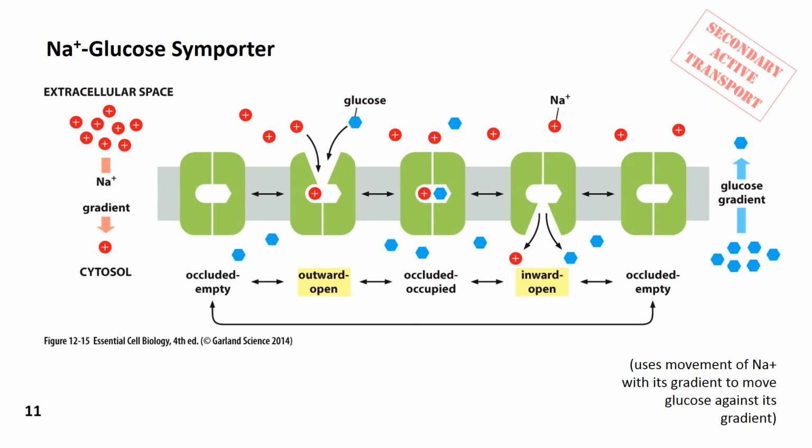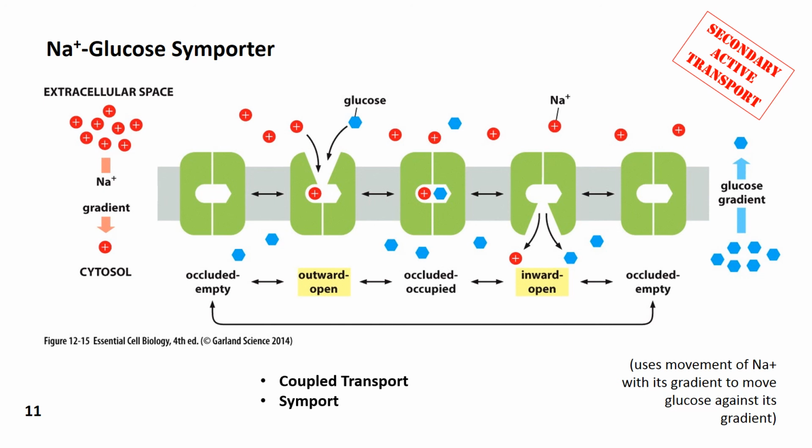As an example of secondary active transport, the previous video described the sodium glucose symporter, although it didn't name it as such. This transport molecule or transport protein moves two molecules, sodium and glucose, together in the same direction.